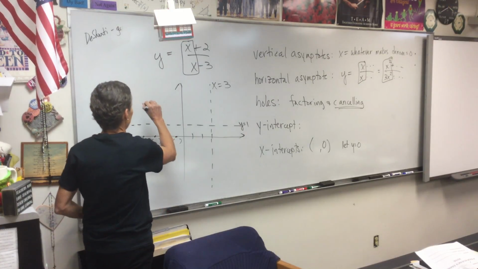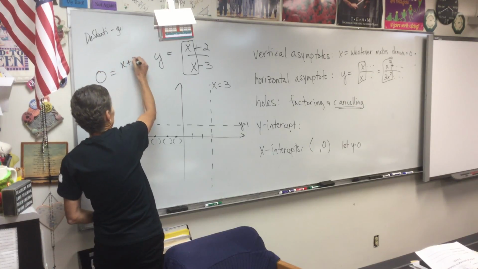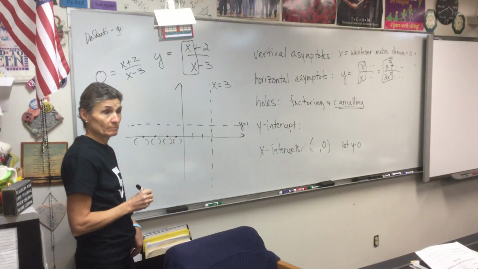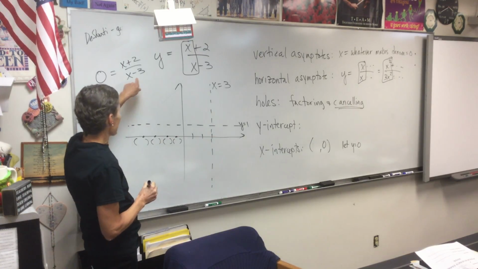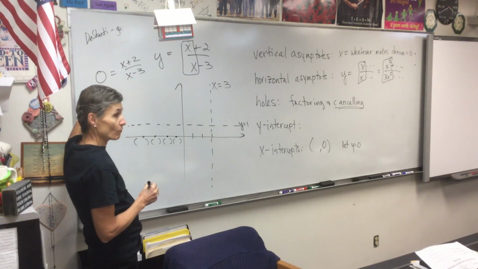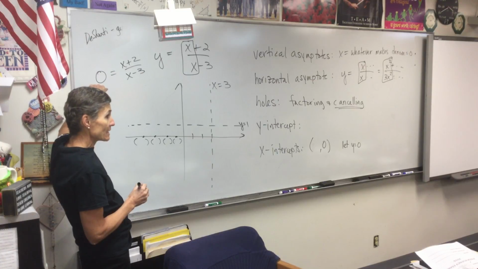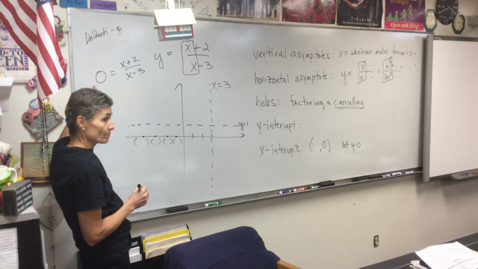So for my problem, I'm going to have 0 equals x plus 2 over x minus 3. Right? Now to solve that, I'm going to multiply this over to here. Now what's going to happen? Since that's a 0, what's going to happen when I bring that over?